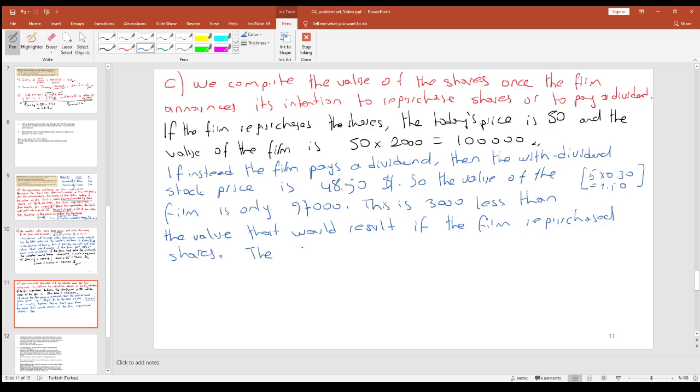The $3,000, where does this come from? The $3,000 difference represents the taxes on the $10,000 in dividends.